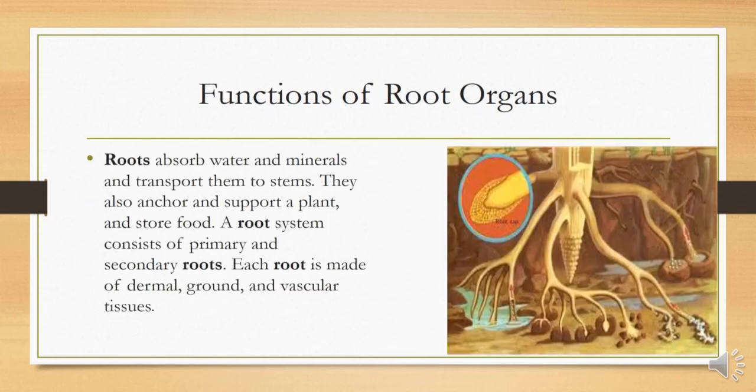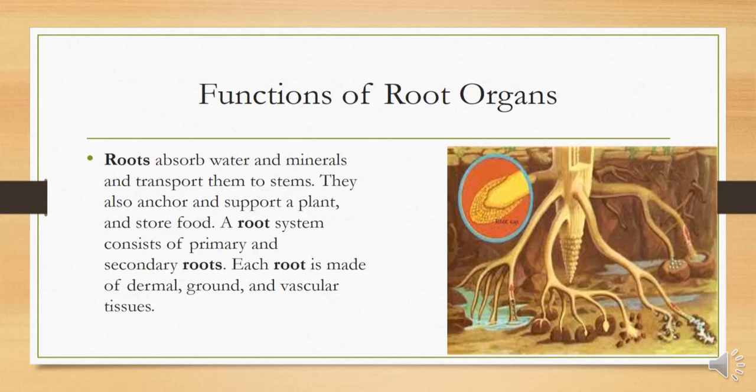First of all, the function of root organs. This is a very important part of the plant, and without this organ, or organ system of the roots, plants cannot grow.